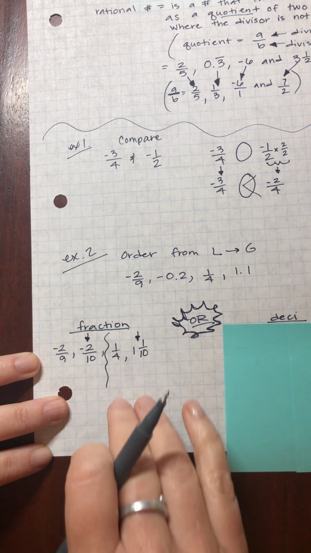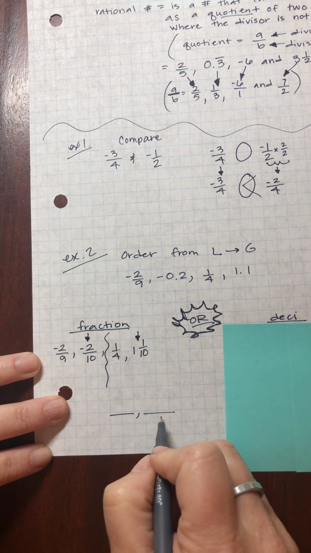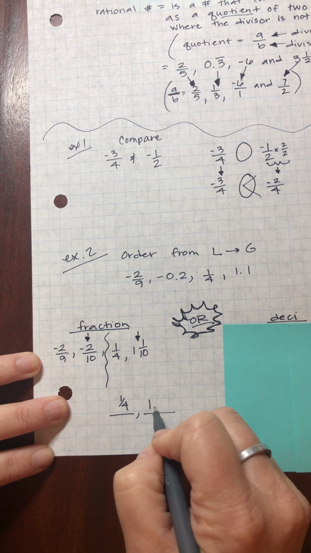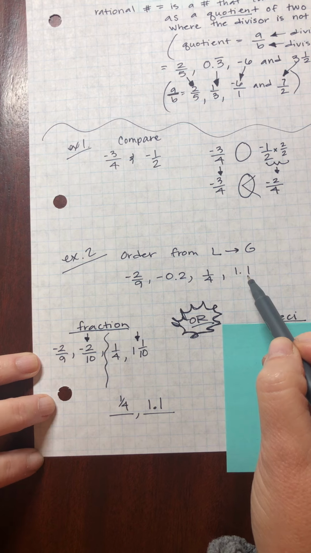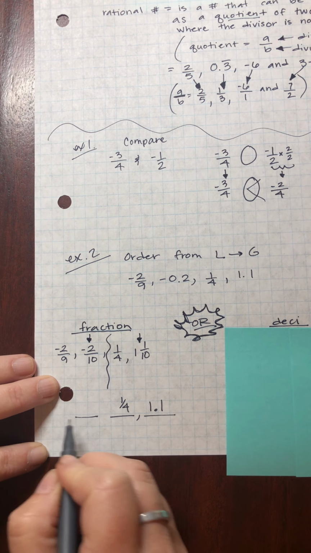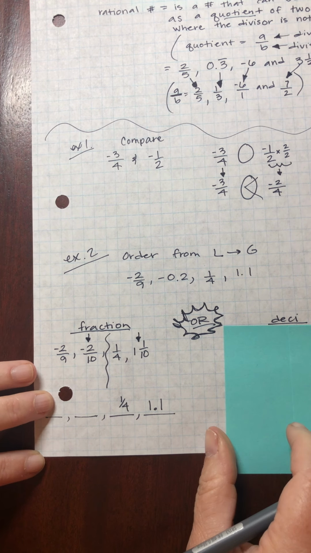So these are my number 3 and number 4: 1/4, and then 1.1, because I want it in the original form, is going to be my largest. So then I need to determine what the order is of these two.